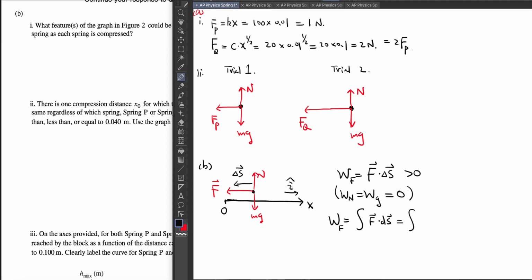But anyway, we're using this unit vector i hat to represent this reference direction. So F in terms of i hat would be negative kx i hat. The negative sign is because the force is to the left, which is the negative direction. And ds, the displacement, can be written as dx times i hat.